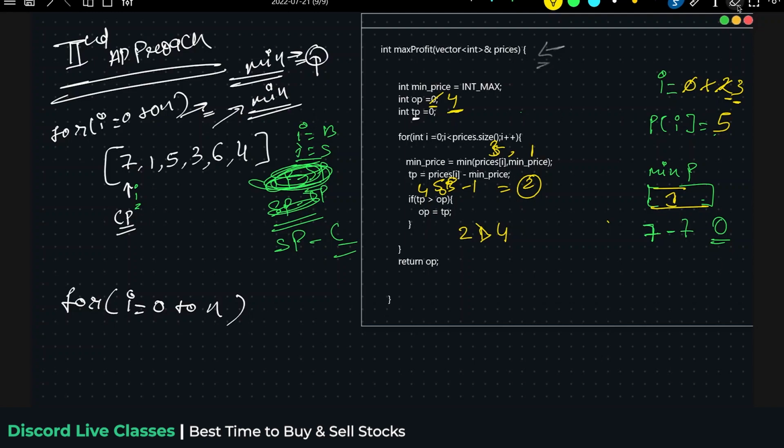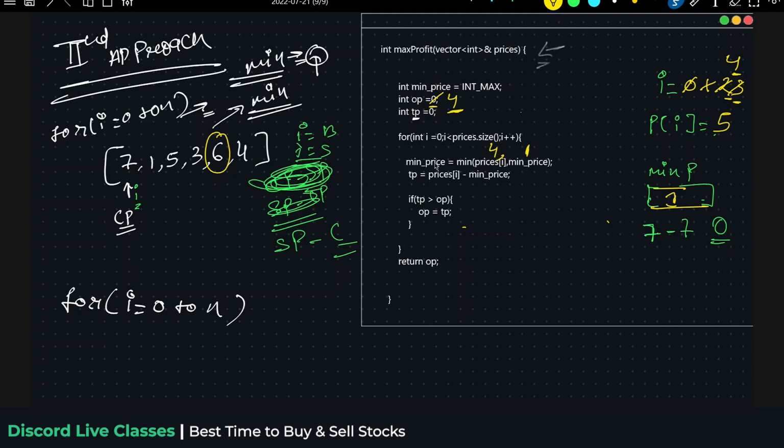Now let's come to our final iteration, and then we will end this. When I will become 4, what will happen? Again we will be checking the price on that day. 6 is the price on that day, and minimum price is 1.